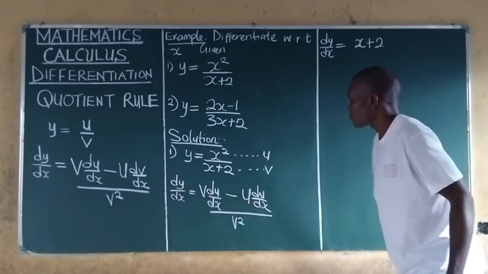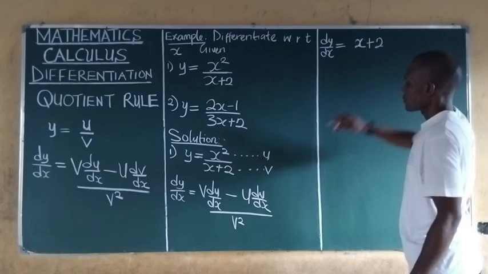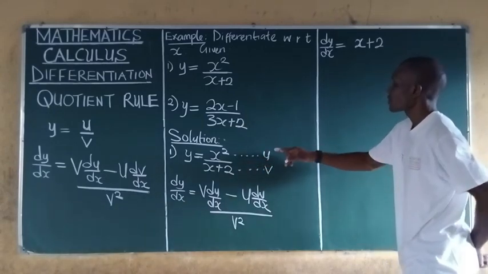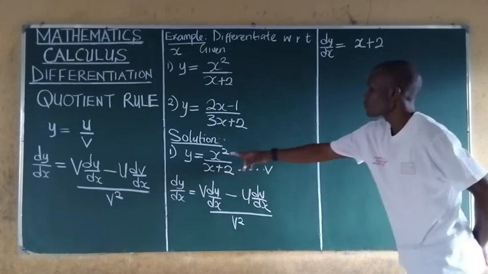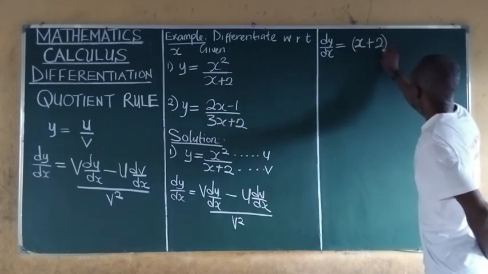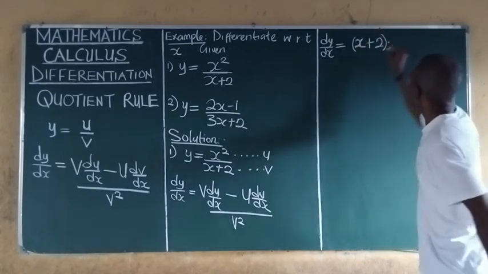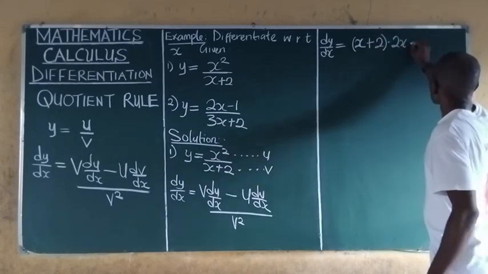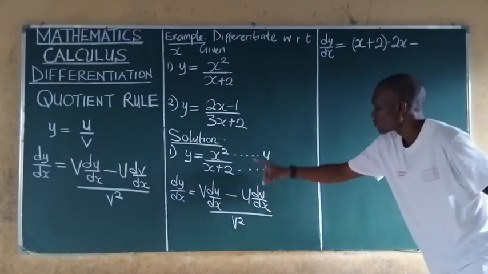We also have the du over dx. We have to differentiate this function with respect to x, and if we differentiate this, we get 2x, minus u.